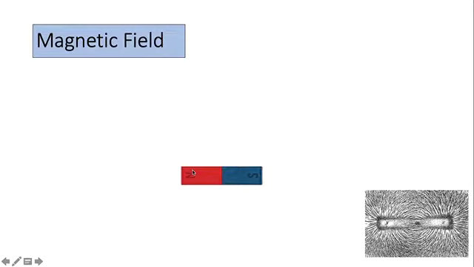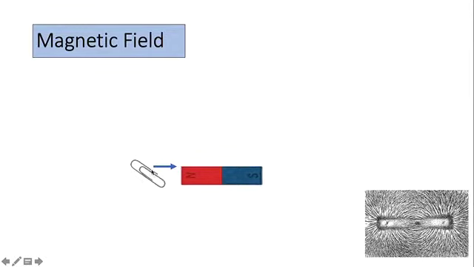Have you ever played with a magnet? When a magnetic material such as iron or paper clips is placed close to the magnet, it will be attracted to it. This happens because you place the magnetic material in the area of a magnetic field, where the magnetic force is found.